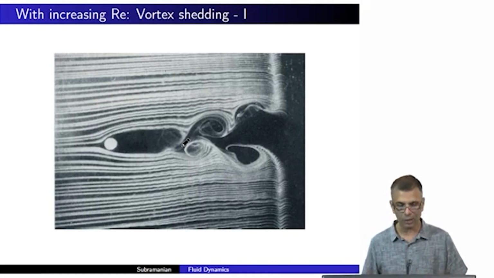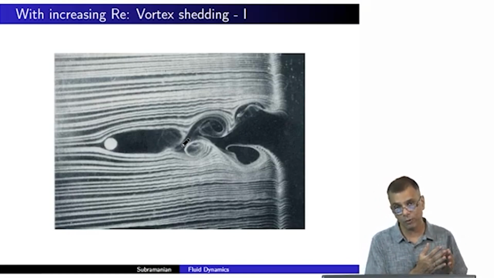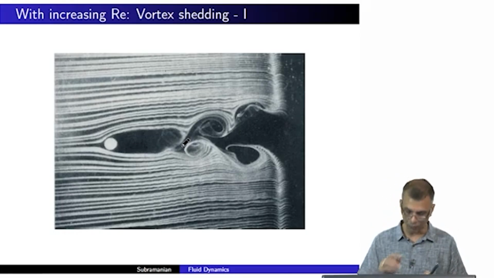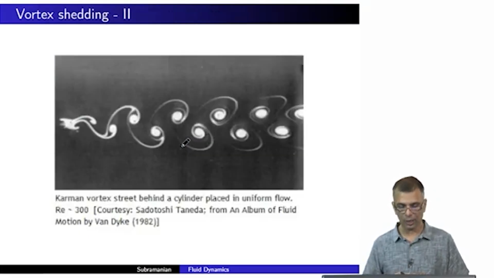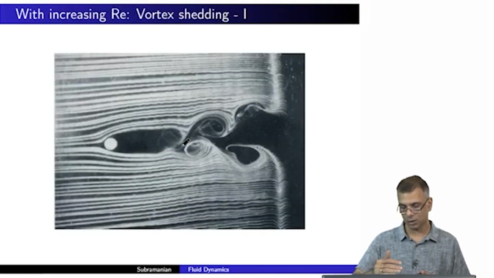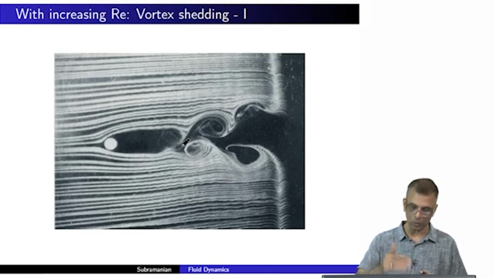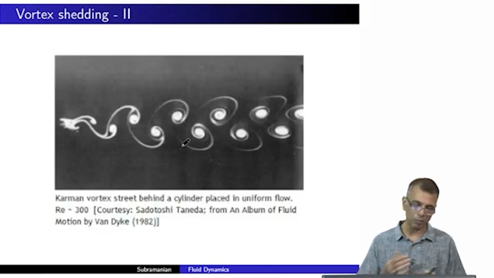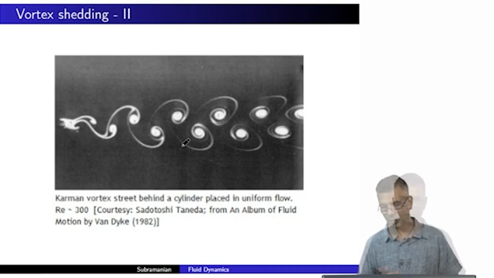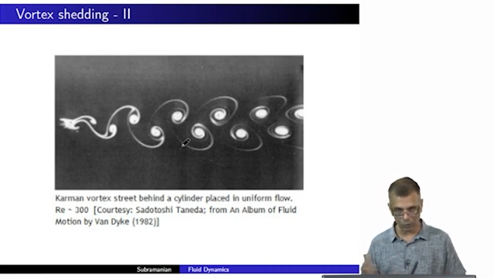As the Reynolds number of the fluid is increased beyond a certain critical Reynolds number, it's observed that such vortices are shed, and in particular, sometimes the vortices start appearing alternately on both sides, and beyond a point, there's a certain symmetry in the appearance of vortices. These are really very beautiful images. Fluid dynamics has all kinds of computational as well as experimental depictions of fluid flow that are truly very beautiful.